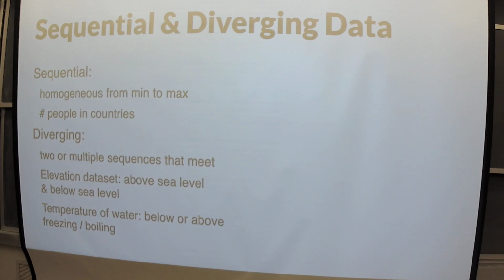We could create a diverging color scale where sea level is 0, and then we have above land and below land, right? So this is a diverging color scale. You could also say temperature of water below or above freezing or boiling, so that here we have a 3-segment sequential color scale.